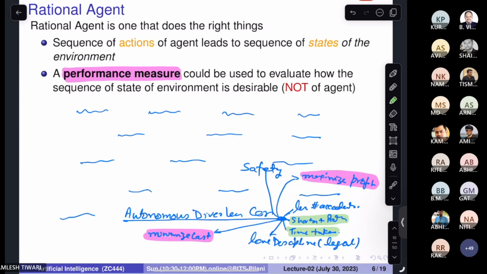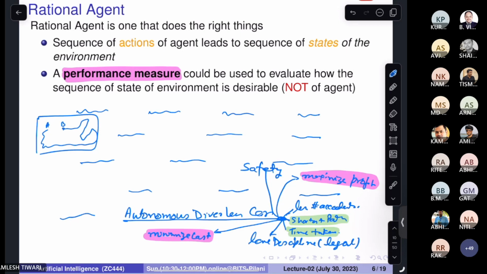However, I wanted to tell you a very interesting thing, that these performance measures are sometimes contradictory. And you may have experienced it, that in Delhi, if you are at place A and you want to go to place B, the taxi driver, if he wants to maximize the profit, wants to go by a particular way.